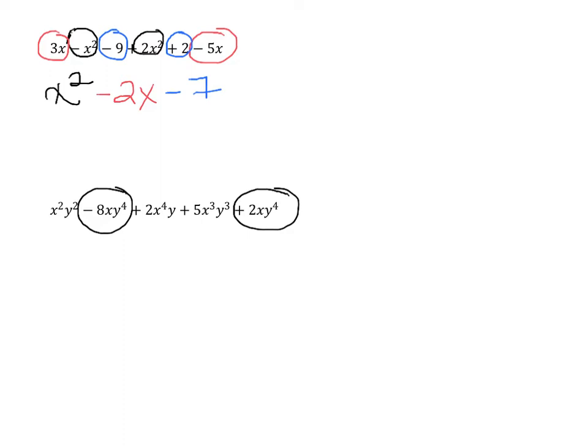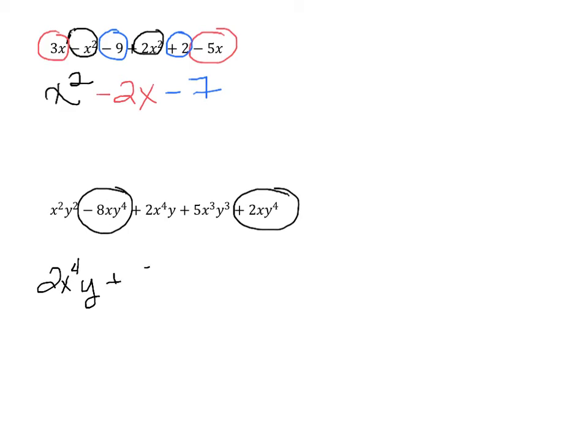Everything else is simplified. When we write this, what we'll do is write this in decreasing degree of the x term, because x comes first. So for this, we'll write 2x to the fourth y, because that's our highest degree of x.